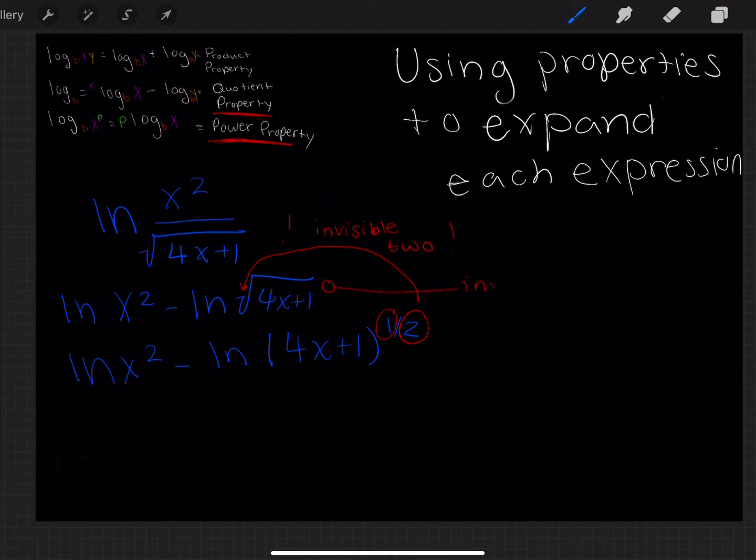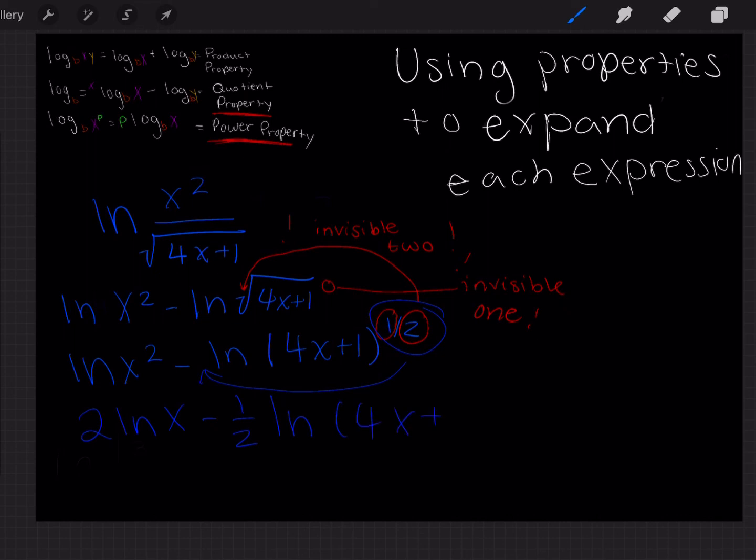And there's always an invisible 1 inside the square root. This is part of what I had struggled with understanding and why I didn't understand some of the answers to problems. So we can use that power property again and put the power in front. So 2 ln of x minus 1/2 ln of 4x plus 1.